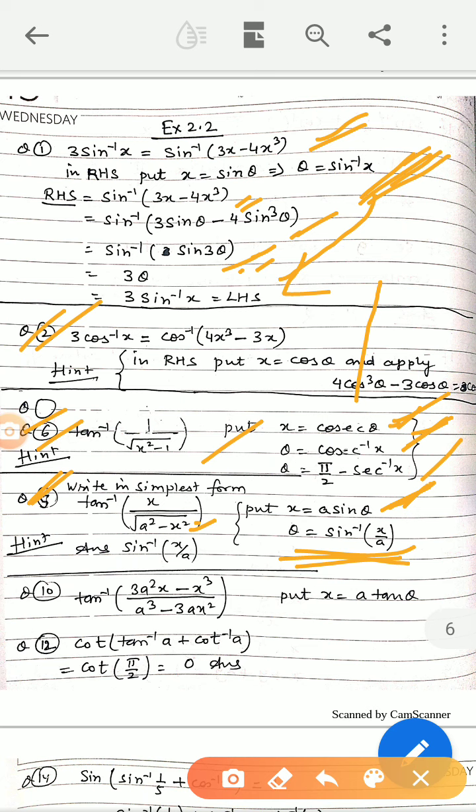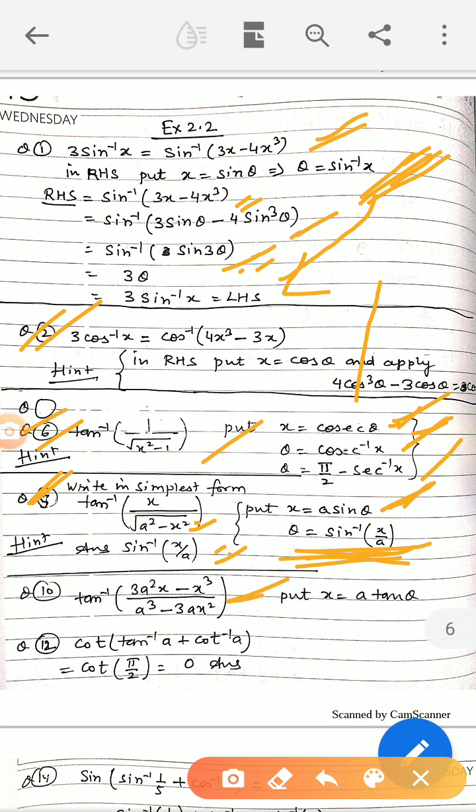A square you take common, and then the square root of a square is a, which you take outside, and inside you get 1 minus sin square theta, which is cos square theta, and its root will be cos theta, and in the numerator you will have a sin theta. A will cancel, and you will get sin upon cos, which means tan theta, and tan cancels, and you get theta. The theta value is already given to you, so you can solve this.